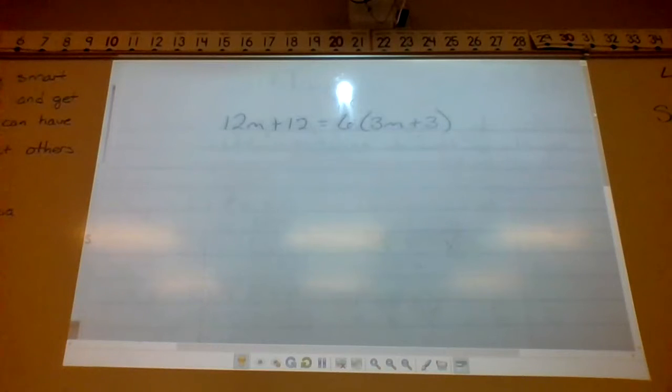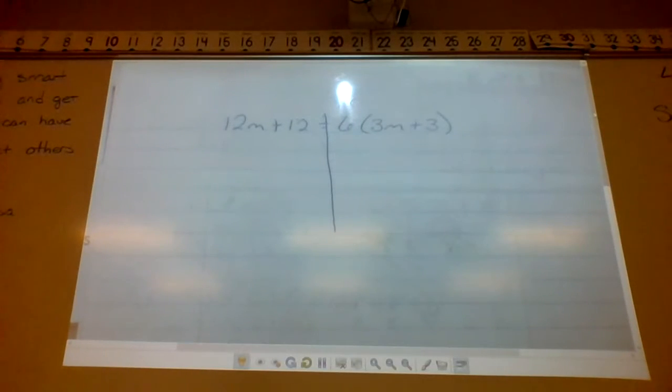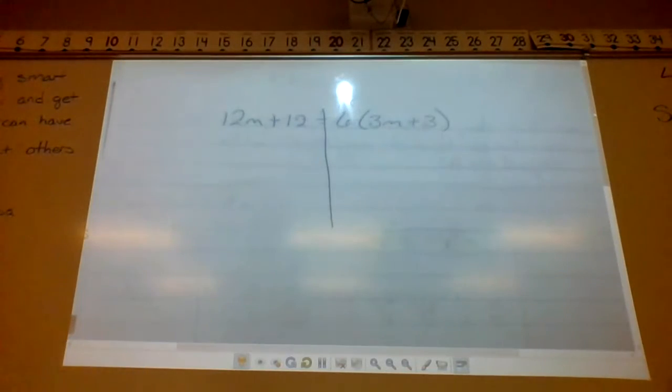Distribute what? Okay, what's the first thing I always ask you to do? Draw the river. Now what? Where's the variable? It's on both sides, right? So we want to move one. But can we? No, not with these parentheses. So Alexis over here has been saying distribute. He is correct. I want you guys to distribute.